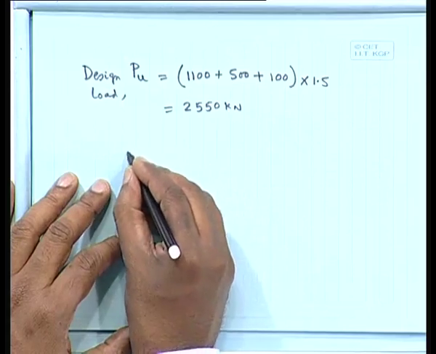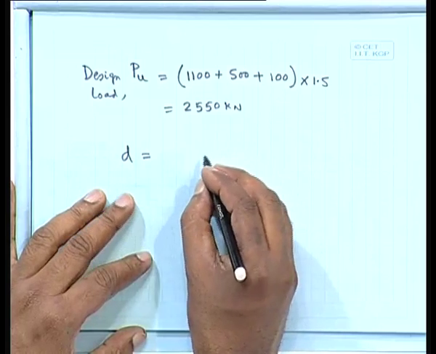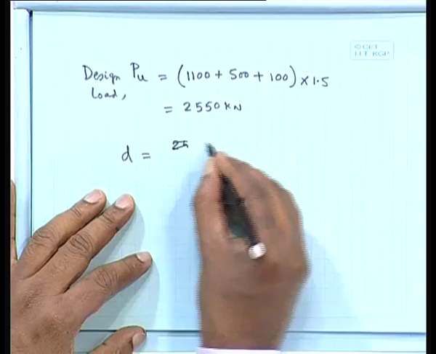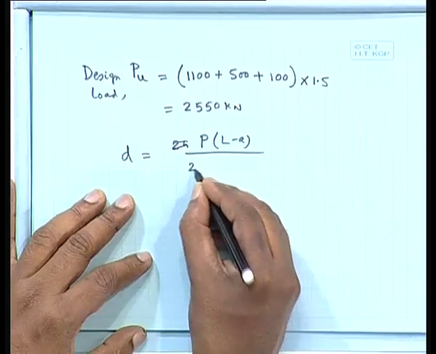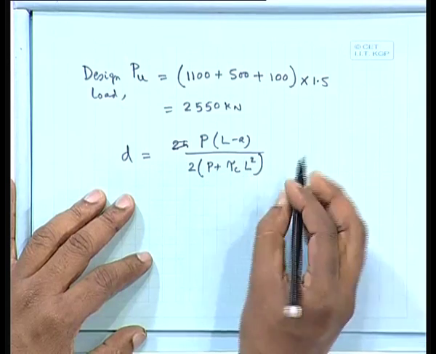We can write down now D will be equal to P times L minus A divided by twice P plus tau C L square.